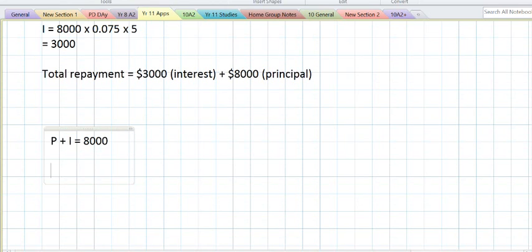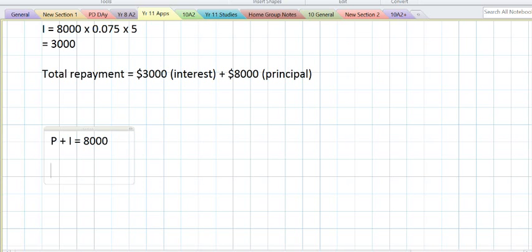What you can do is use the equation to find out how much you need to put in at the start. Alright? And that's where we're going to head towards. So how much you need to put in at the start in order to get back a total of 8,000 from the bank at the end. That makes sense? Alright, so before we get to that, I'd like to do a couple of practice questions.